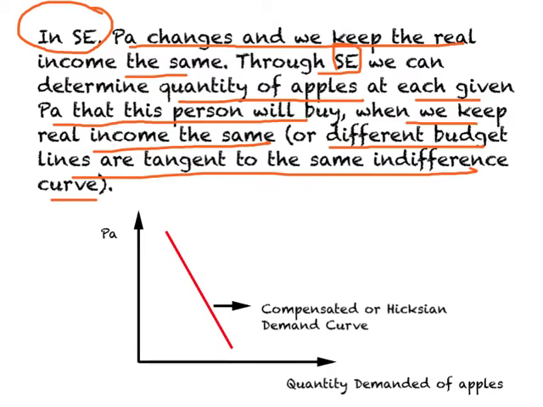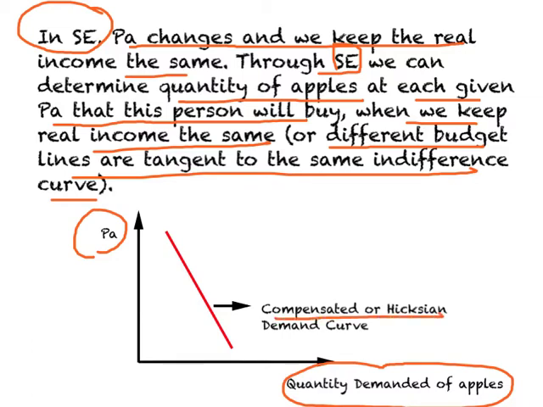And if we plot these points where we have price of an apple on the vertical axis and quantity demanded of apples on the horizontal axis, and we join them, what we get is a curve, and this curve is called the compensated or Hicksian demand curve. And what we find here is when there is a decrease in price, there is an increase in quantity demanded of apples.